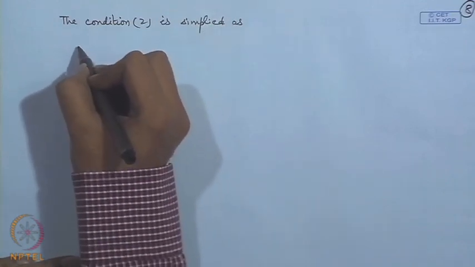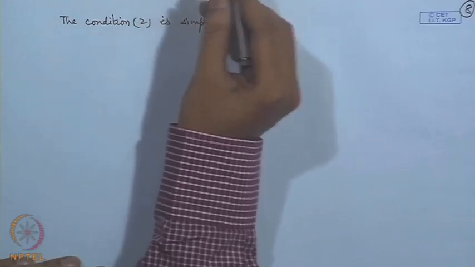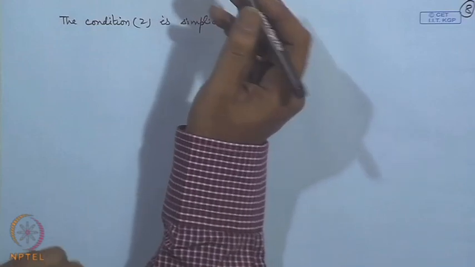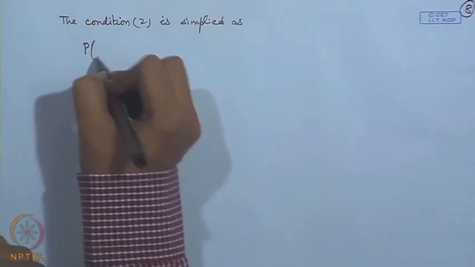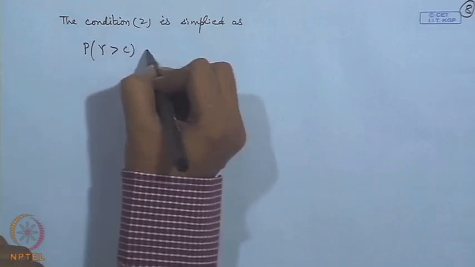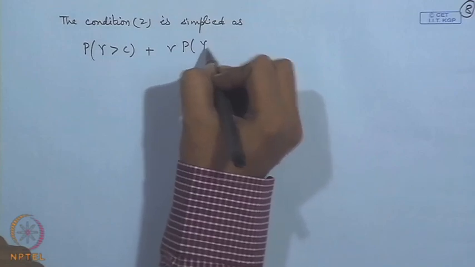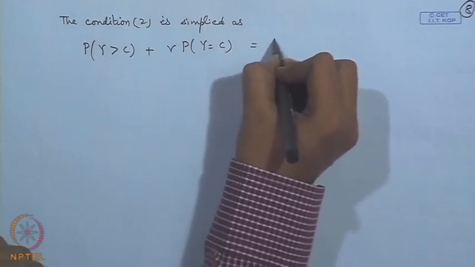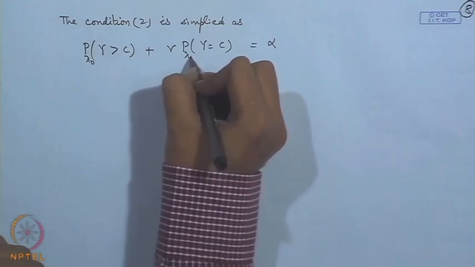The expectation under λ0 of φ(x), since this φ(x) is completely dependent upon Σxi, that is y, becomes the probability of y greater than c plus γ times the probability of y equal to c. This is equal to α when the true parameter value is λ0.